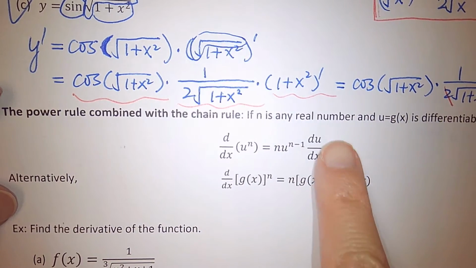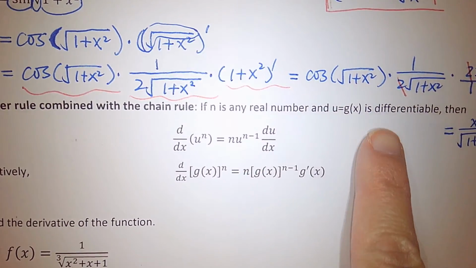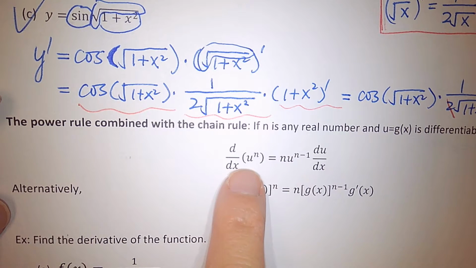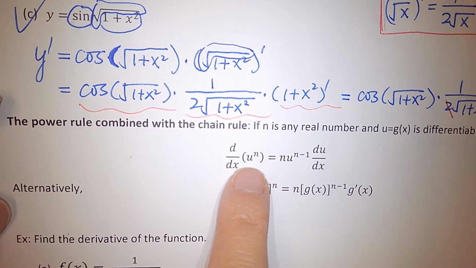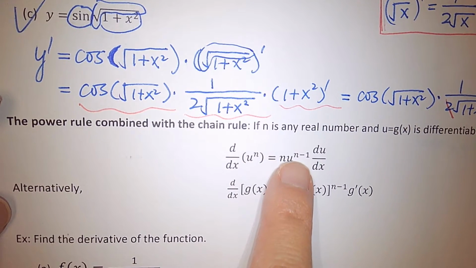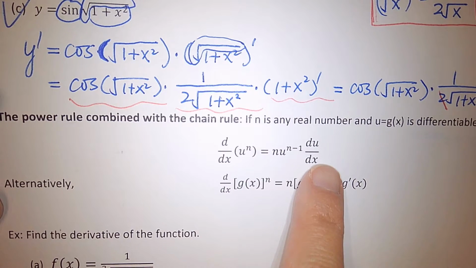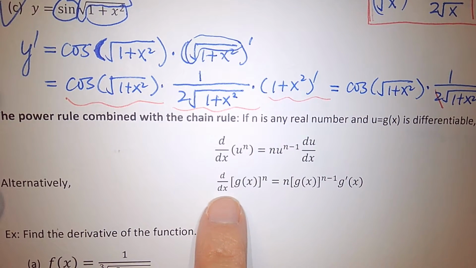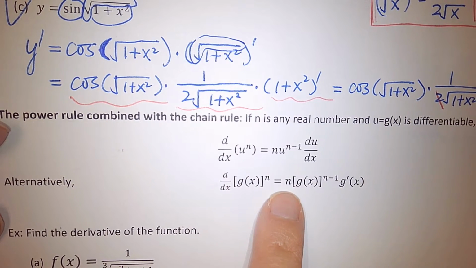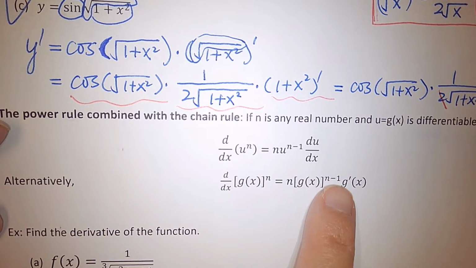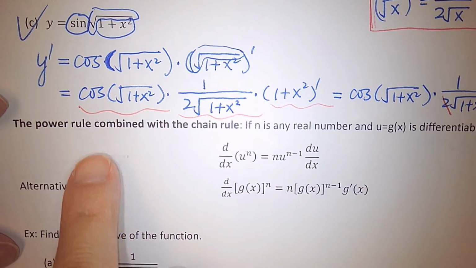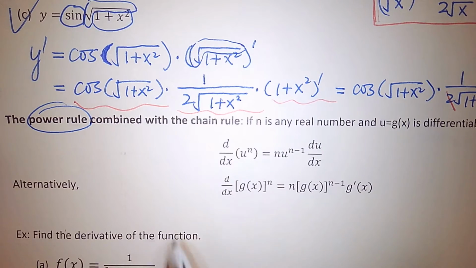If n is any real number and u equals g of x is differentiable, then d over dx of u to the nth power is equal to n times u to the n minus 1th power times du over dx. Alternatively, d over dx of g of x to the nth power equals n times g of x to the n minus 1th power times g prime of x. Okay, thanks. So that is the power rule combined with the chain rule.